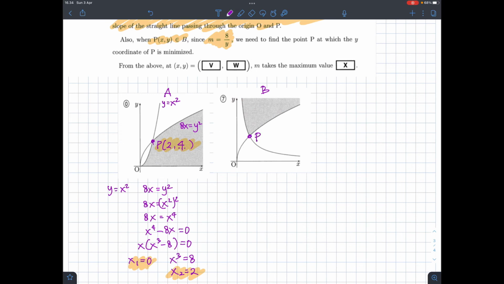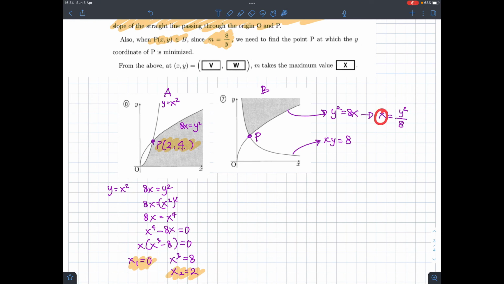But let's check, is this exactly the same as the previous P or different? This equation is x times y equals 8, and this equation is y squared equals 8x. I think we can do it like this: x equals y squared per 8.